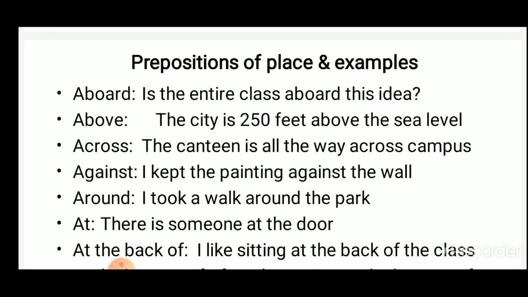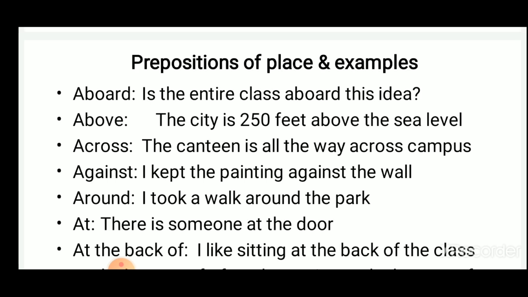Across: the canteen is all the way across campus. Against: I kept the painting against the wall. They are talking about some place, and that place is against the wall.